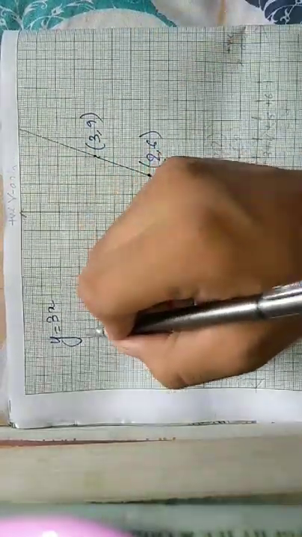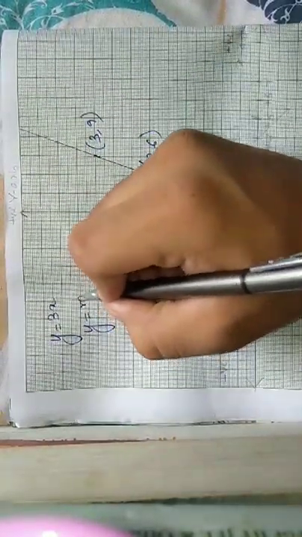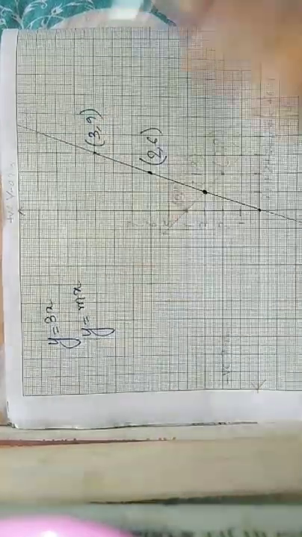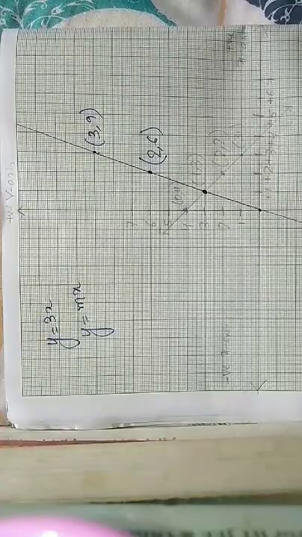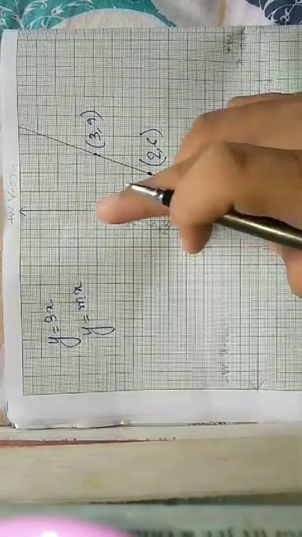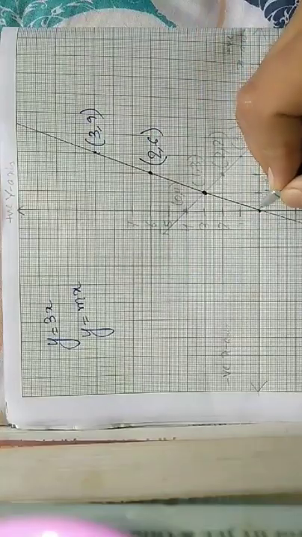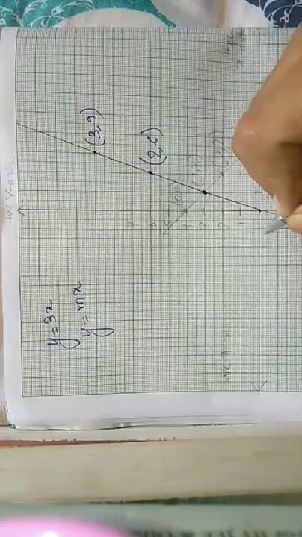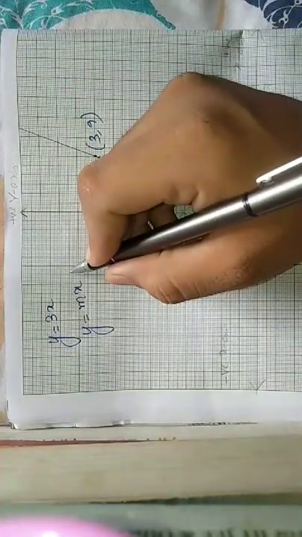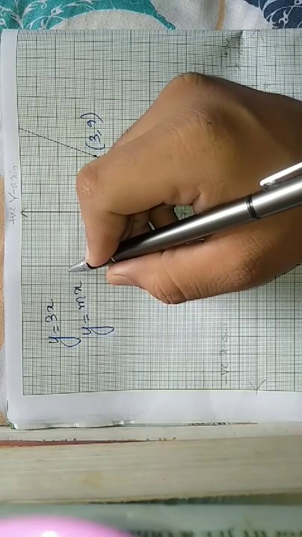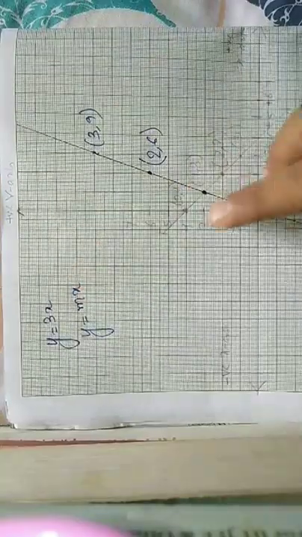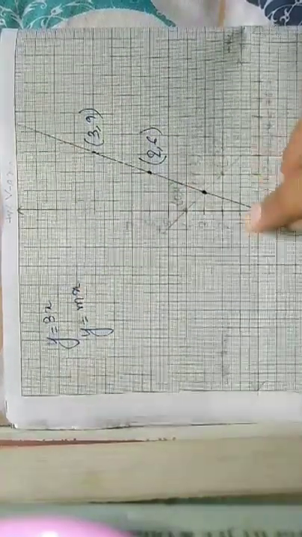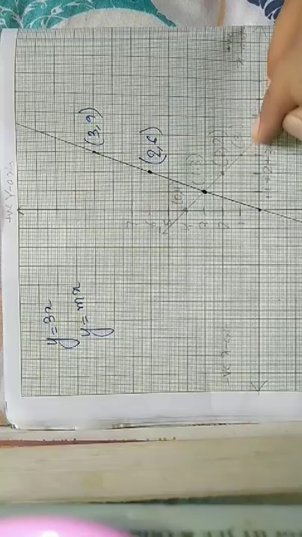Any line which is y is equal to mx, any value of m, y is equal to 3x, 300x, 3000x, 3 lakh x, these kind of lines will always pass through the center. Why? Because there is no constant. Whenever a constant will be there, the greater the constant, the more the line will shift.